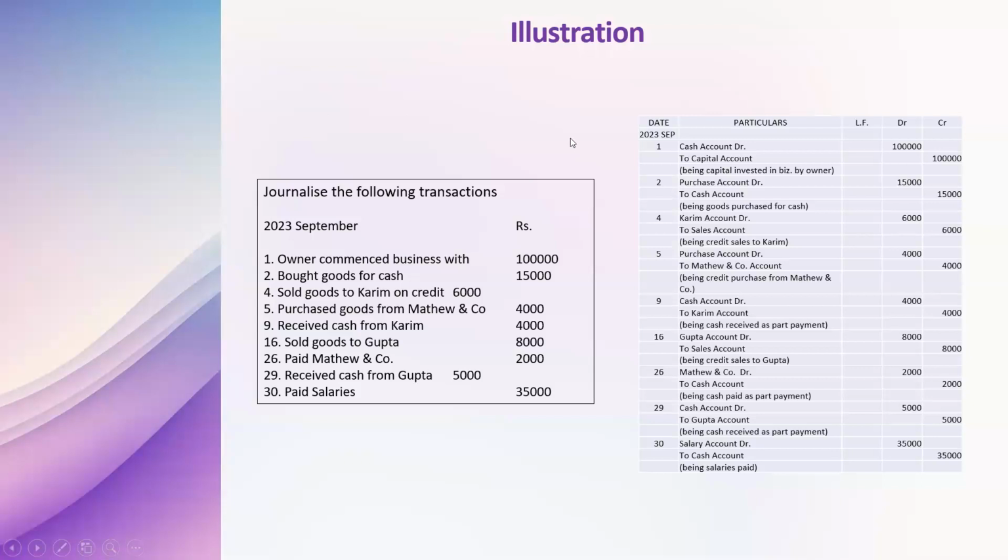So this is how you are going to do it. First, start with a clean sheet. Start with date, particulars, where you mention the type of transactions. Then ledger folio. Make a column for ledger folio. The entries you make in the journal get posted in the ledger.